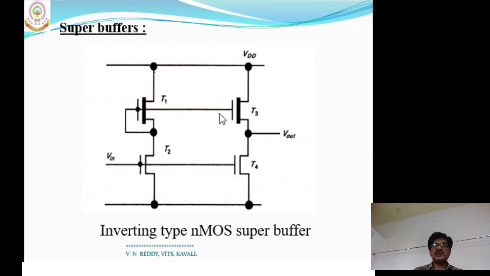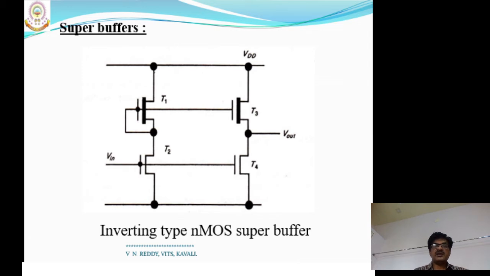So a high gate voltage is available for transistor T3, therefore it goes to the on state. So now T3 is on, T4 is off. Therefore, the entire VDD is available at Vout, and that voltage is considered logic 1. So for input logic 0, the output is logic 1. So we are getting a complemented output. Right? So definitely this circuit acts as an inverter.